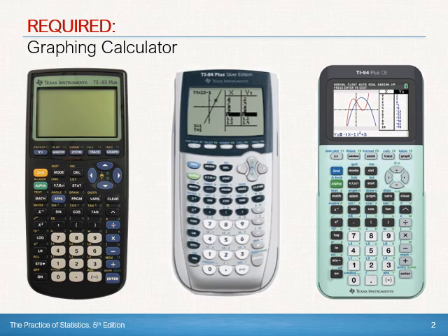There's no requirement for the AP test that you use a Texas Instrument, but that's what I'm familiar with and what I've been using for 25 years. So it's the only one that I can sort of help you with. So, if you have another one, come talk to me. I'm sure you can make it work. But if you have any questions on what kind of calculator to get, come see me at lunch.